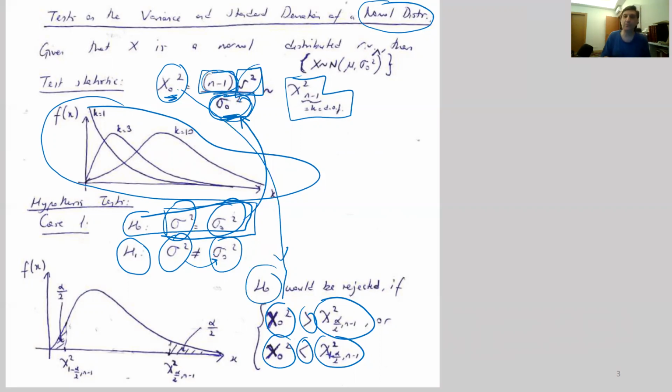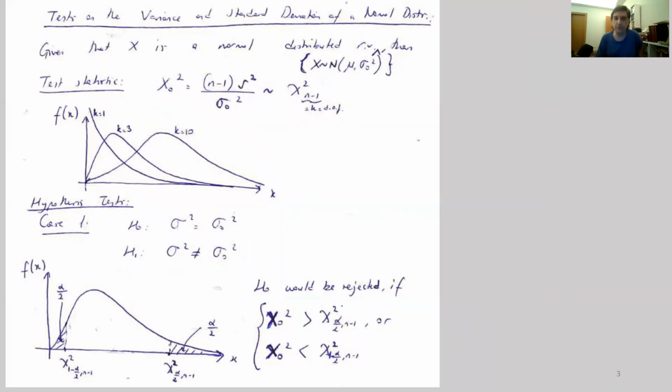Therefore, the variance of the process is not equal to sigma 0 square. Now, just like with a normal distribution, we have an upper critical value and a lower critical value. But as we covered in confidence intervals, since a chi-square distribution is not symmetric, the upper and lower critical values will not be the negative of each other.